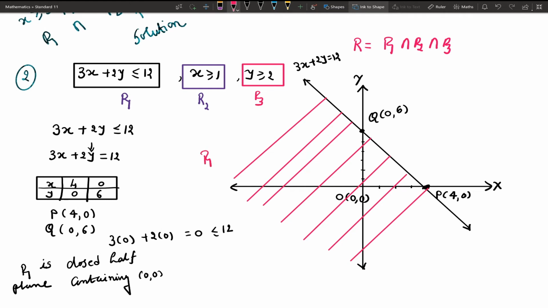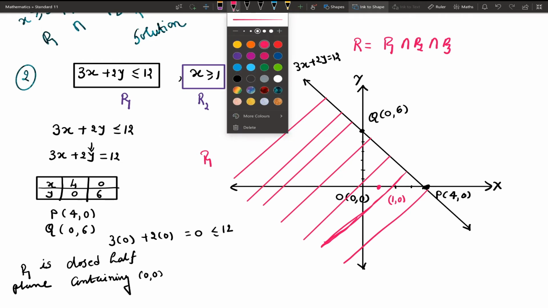So this is region R1. Now x equal to 1 is a vertical line passing through the point 1, 0. So now we draw the vertical line.